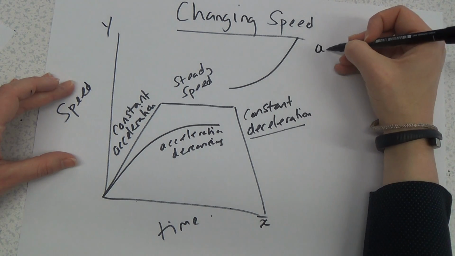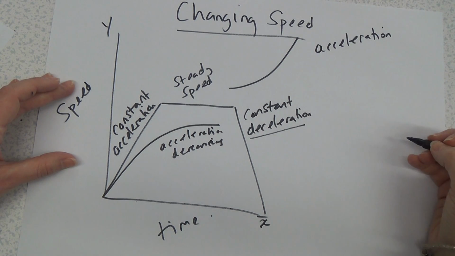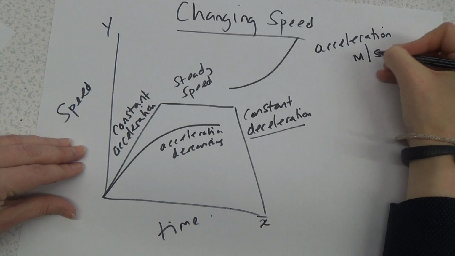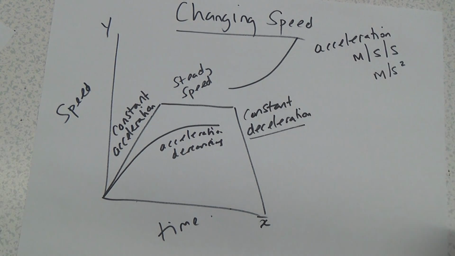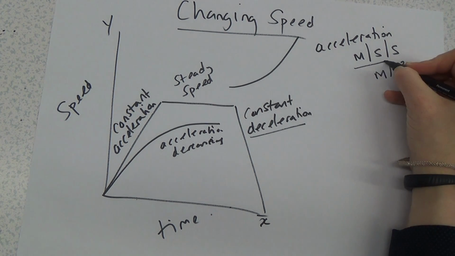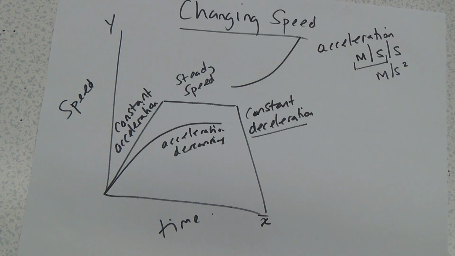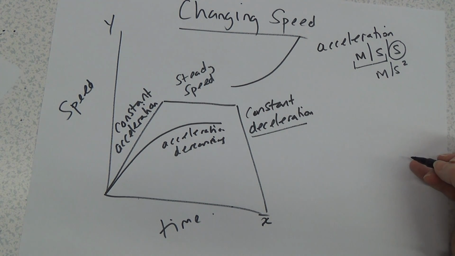Now, acceleration is how speed changes over time. Acceleration is measured in this unit, written as meters per second per second. Meters per second is the unit of speed, and then we're looking at how that speed changes over time, or in this case, how that speed changes every single second.